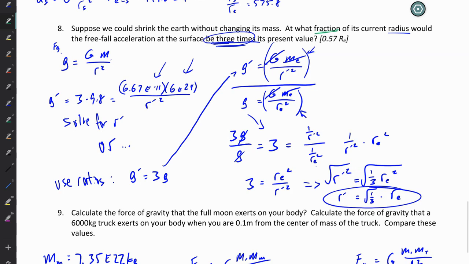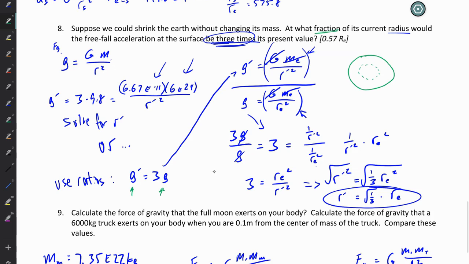At what fraction of its current radius, so we start with the big Earth, and then we squish it into a small Earth, at what fraction of its current radius would the free fall acceleration at the surface be 3 times its present value? Well, its present value is g, and we want the new value to be 3g.